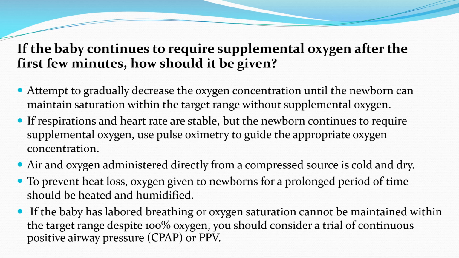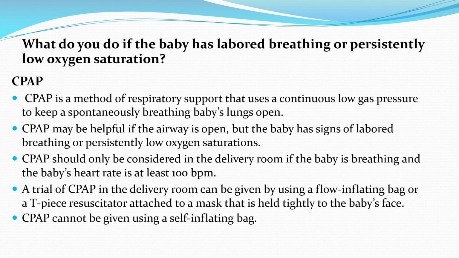If the baby has labored breathing or oxygen saturation which cannot be maintained within the target range despite 100% oxygen, then you should consider a trial of CPAP or positive pressure ventilation. What do you do if the baby has labored breathing or persistently low oxygen saturation? Then, as we mentioned, we will start to use the CPAP.